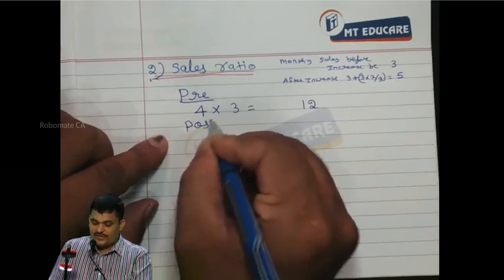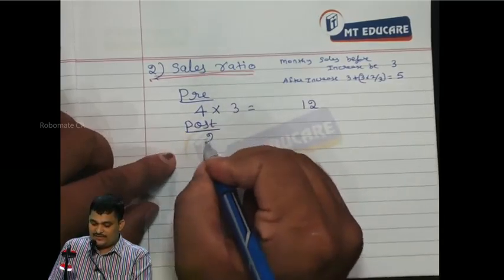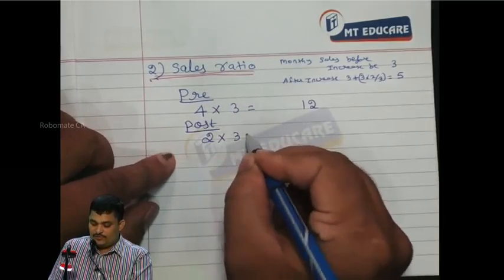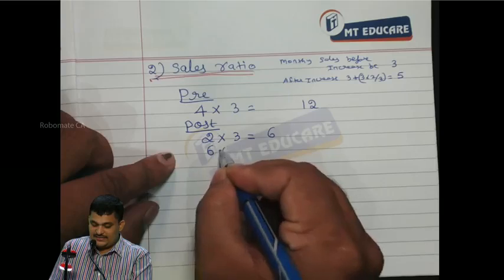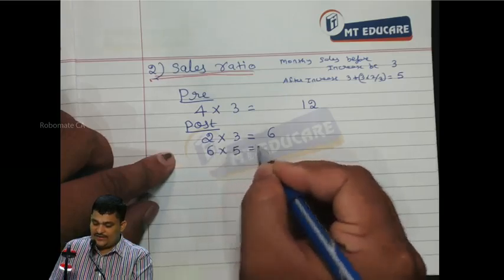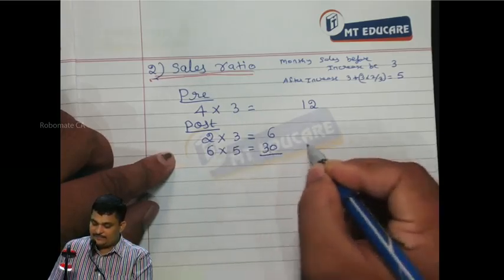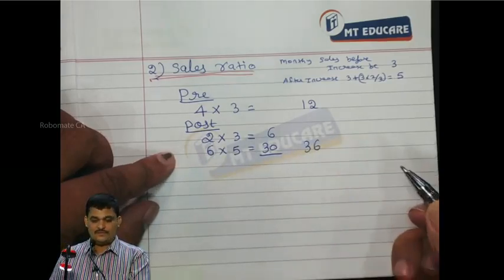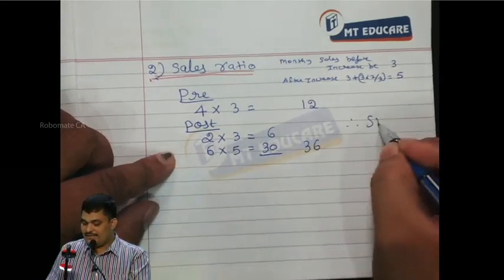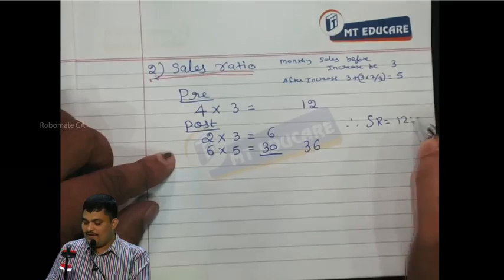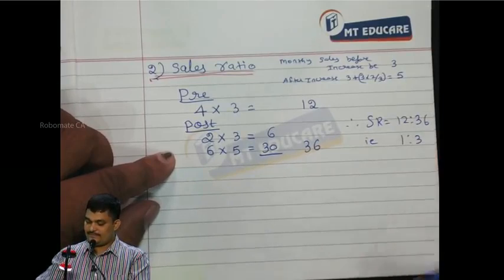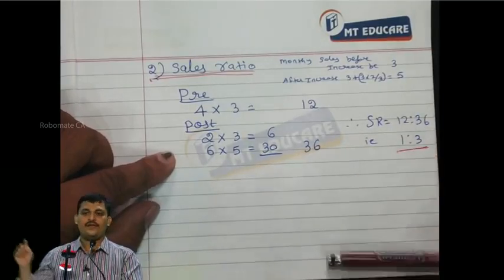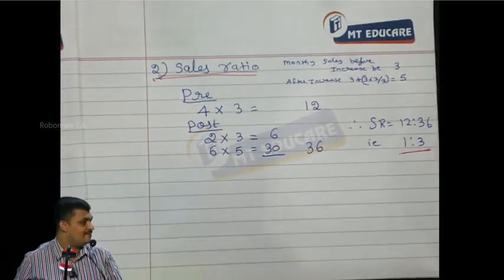In the post-incorporation period, it is 2 into 3 and 6 into 5, it is 36. Therefore, the sales ratio is 12:36, that is 1:3. You understand this? Yes, sir.